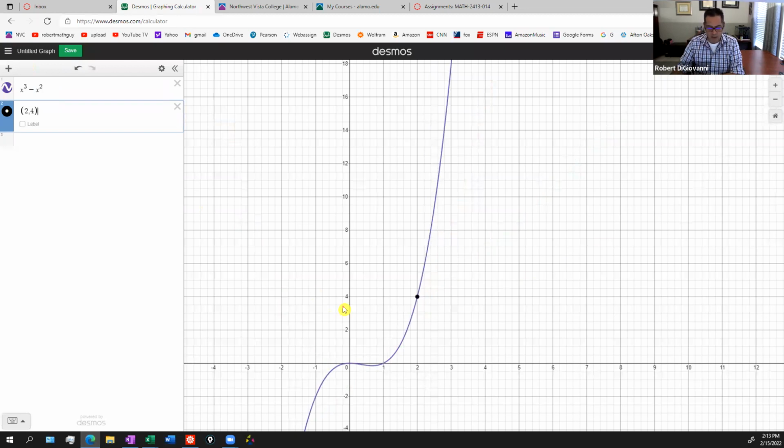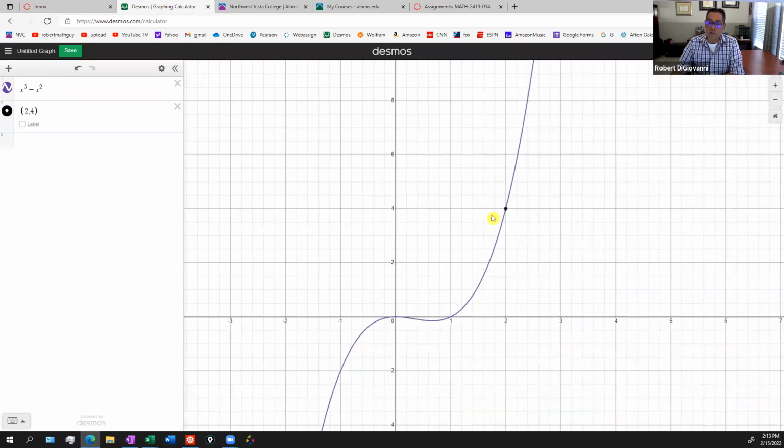So that's the point we're interested in. We wanted to find the slope of the tangent line. We said it was 8, but then I went and got the equation, so I'm going to type the equation in: y equals 8x minus 12. There it is.